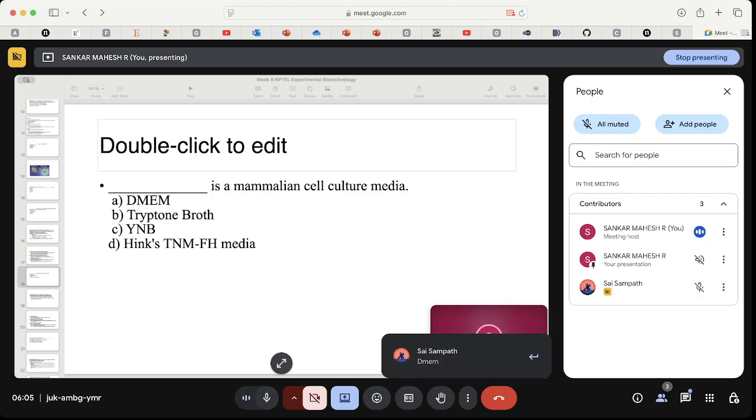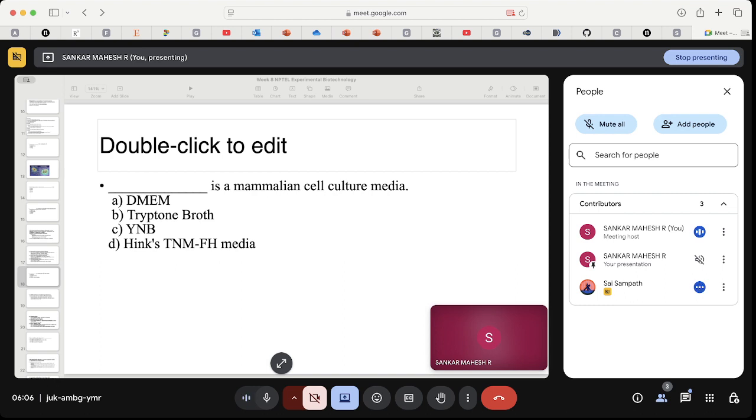Do you know what DMEM is? The full form and the components by any chance? Dulbecco's modified Eagle's medium. Yes, good. It consists of fetal bovine serum and amino acids, and I don't remember much of it.